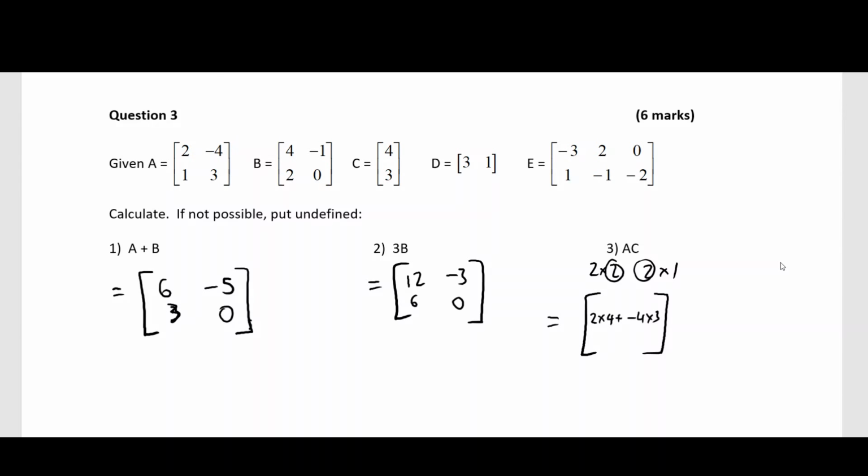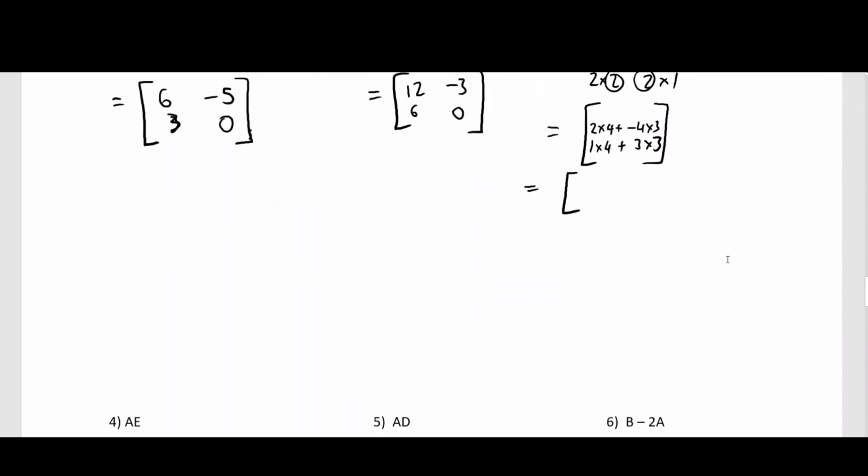And then we're going to have 1 times 4 plus 3 times 3. And that gives us 2 times 4 is 8 plus 4 times 3 is -12. 8 take 12 leaves us with -4.